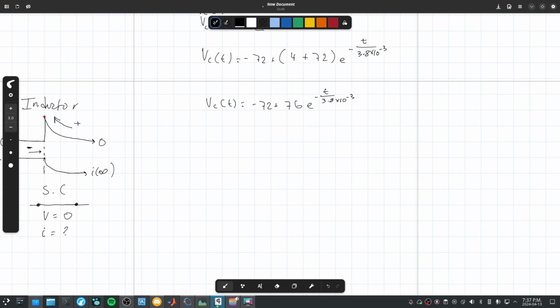So, current as a function of time is equal to capacitance times the derivative of voltage as a function of time divided by time. Or it's just the derivative of voltage over time.